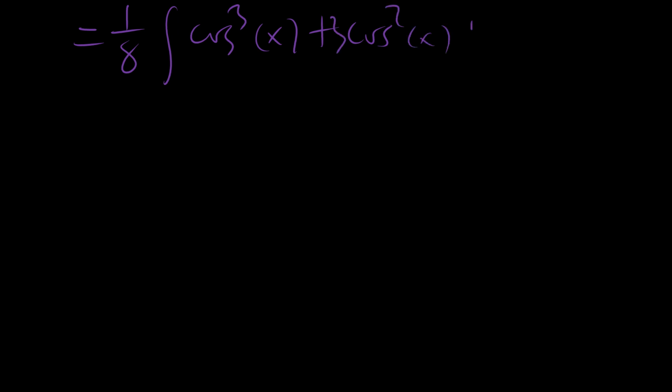Okay. So we have our integral as being cosine to the power 3 2x plus 3 cosine squared 2x plus 3 cosine 2x plus 1.